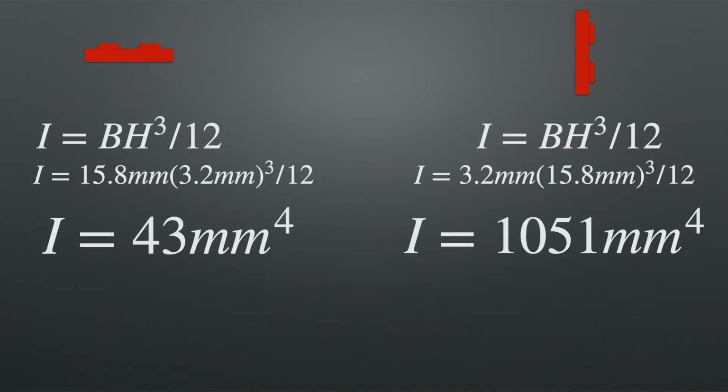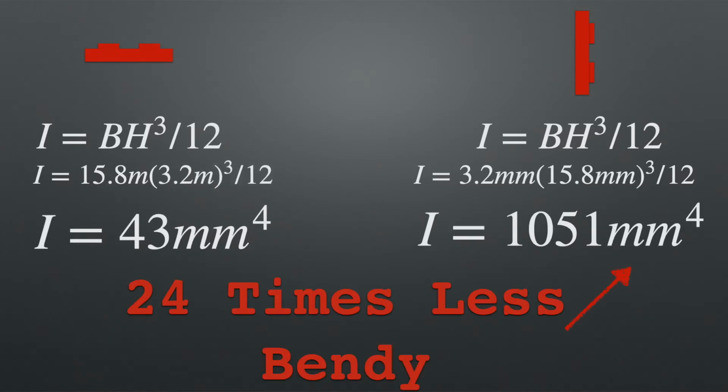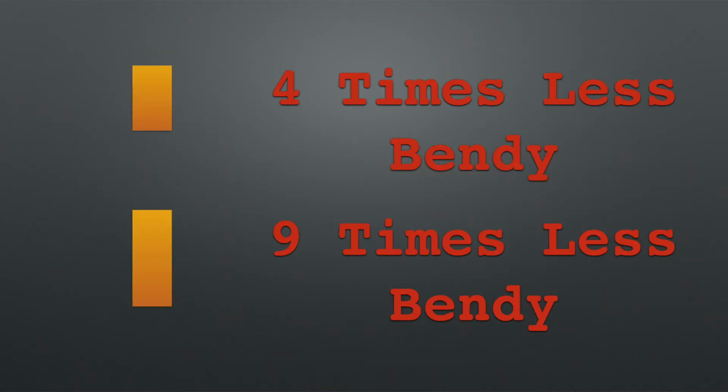The vertical plate has a much larger moment of inertia. In fact, the vertical plate is 24 times less bendy than the horizontal plate. Here are the examples for a 2x4 and a 2x6, comparing their horizontal position and their vertical position.